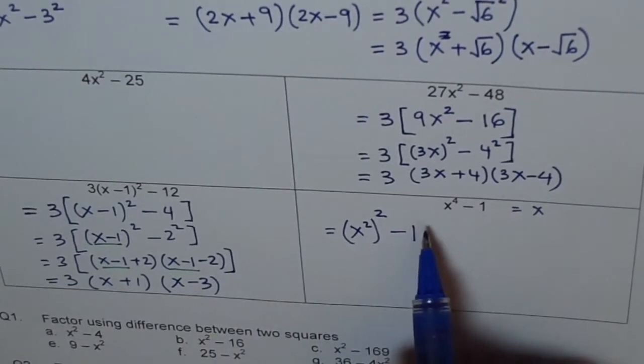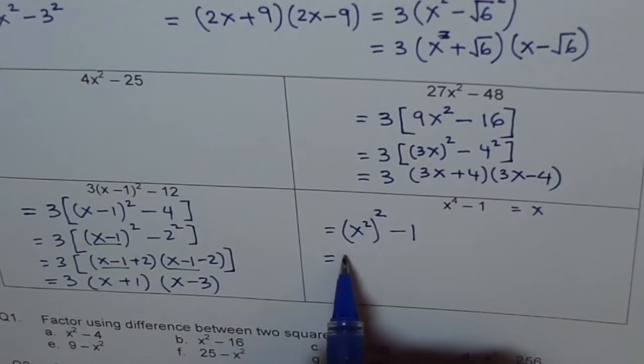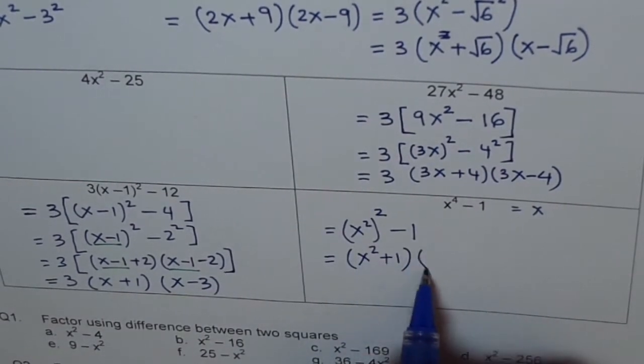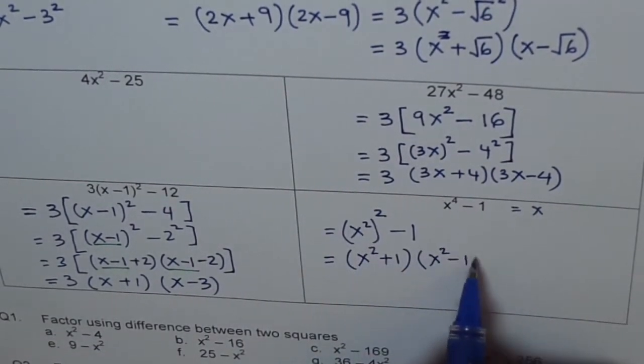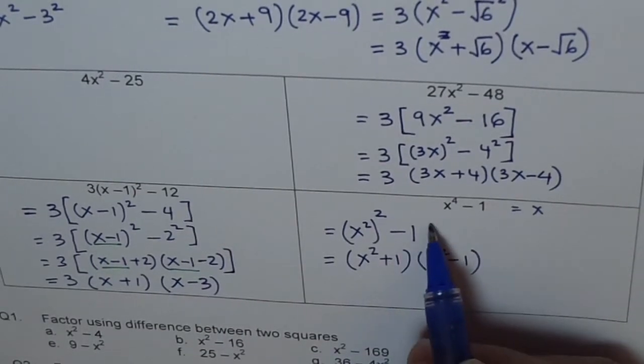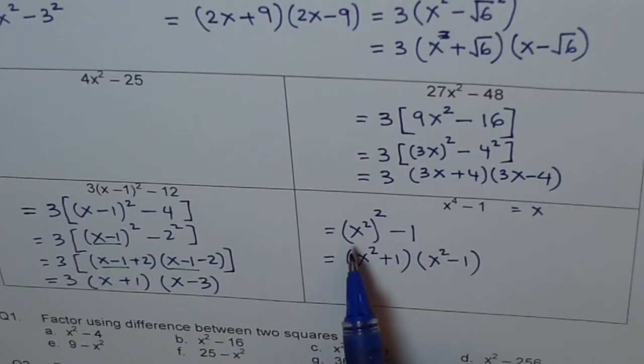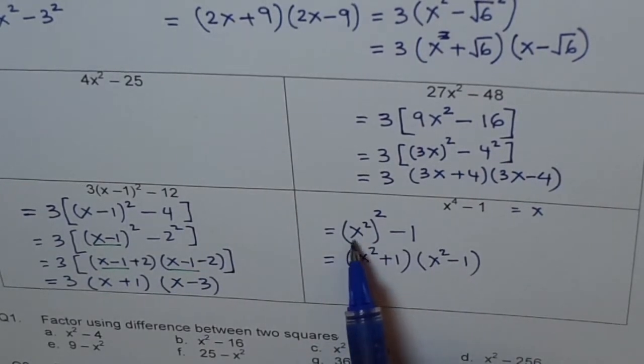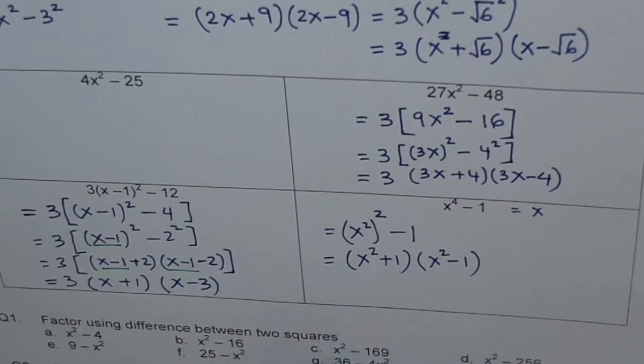So 1 is square of itself. So I can write this as x square plus 1 times x square minus 1. Is that okay? This is 1 square. And what is a for me here? A is x square. So I'm using x square, not just x. Do you see that? Right.